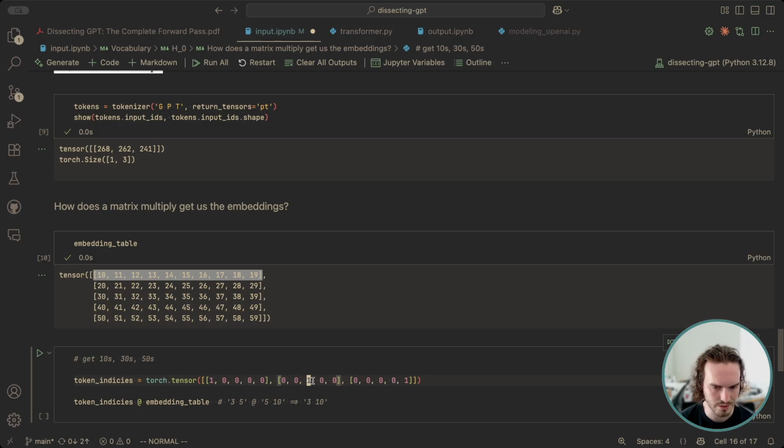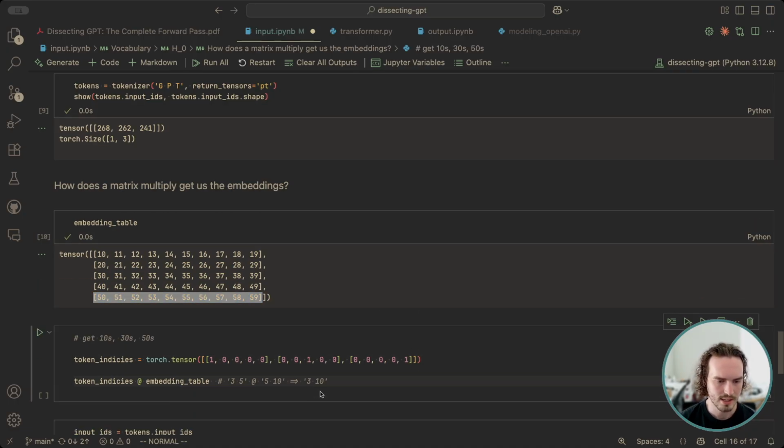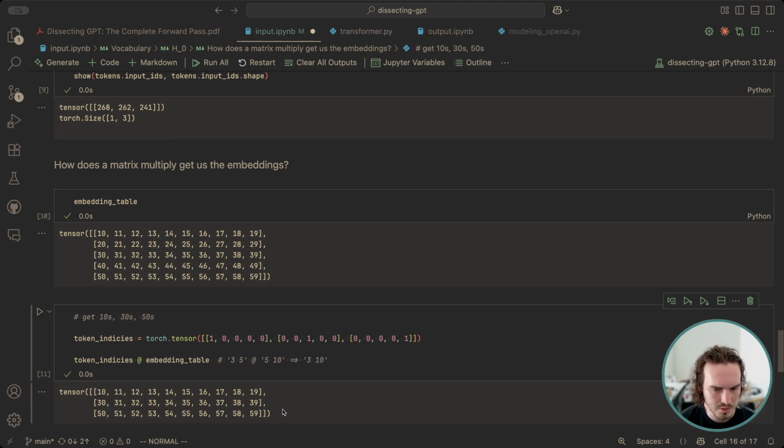And then the 1 on the 3rd thing is going to give us these. And then the last one is going to give us these. That is cool because it shows that we can think of matrix multiplication as function application. If you don't have a math background, I feel like this is a more intuitive way for people with programming experience to think about what's happening in a matrix multiplication.